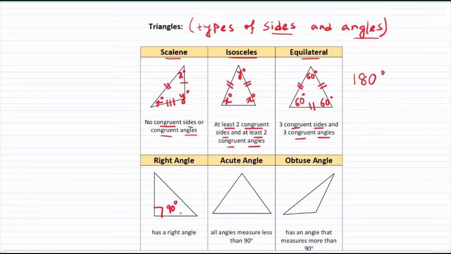So, this is called a right angle triangle. And as we know from the properties of triangles, all three interior angles together make 180 degrees. So in a right angle triangle, the other two angles, other than the right angle, are going to be less than 90 degrees.